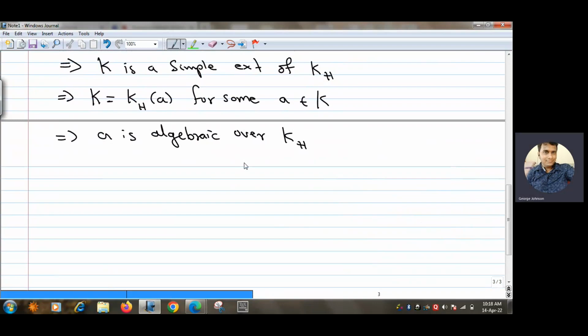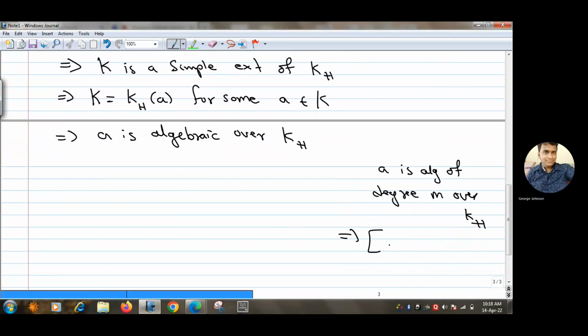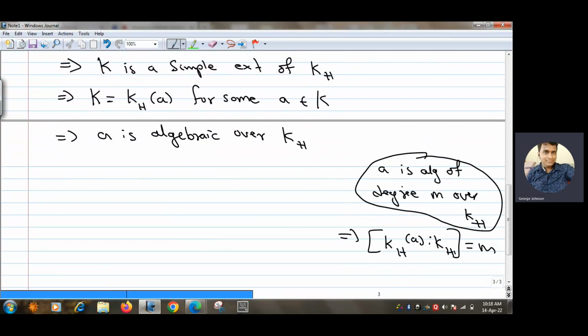Now, if A is algebraic of degree M over KH, then by the result, we can say that the dimension of KH(A) over KH is nothing but M. Okay, or by definition we can say that there is an irreducible minimal polynomial of degree M which is satisfied by A. And by theorem we have that the dimension of KH(A) over KH is nothing but M. So we have both of these things true, that A is algebraic of degree M over KH.